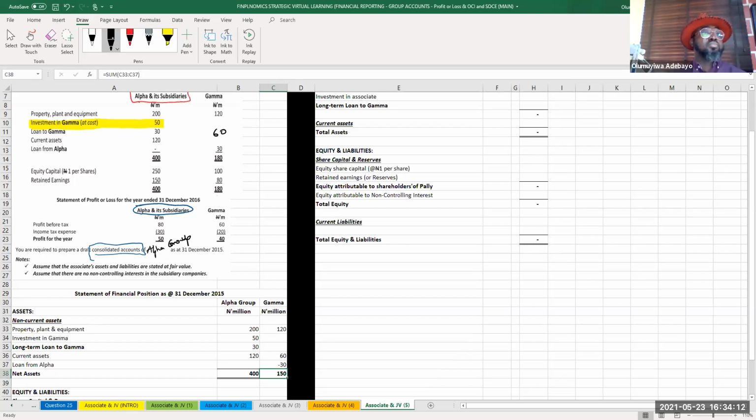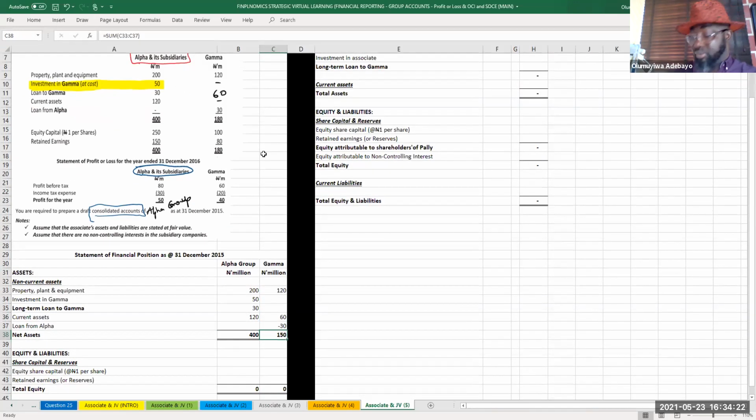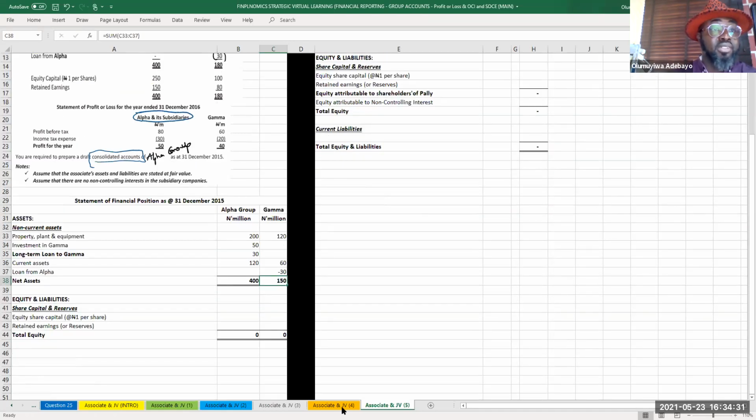This is 60. Take note. And this is liability in bracket. And that's what I've done there.